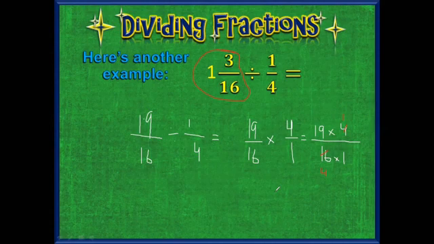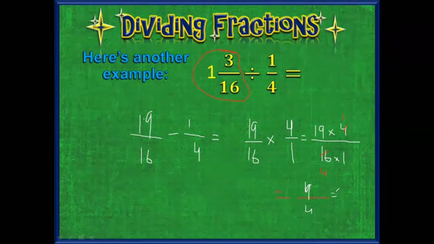Now I can't simplify anymore, so I just multiply. 19 times 1 is 19. 4 times 1 is 4. Now I can change this improper fraction into a mixed number to write it in its simplest form.